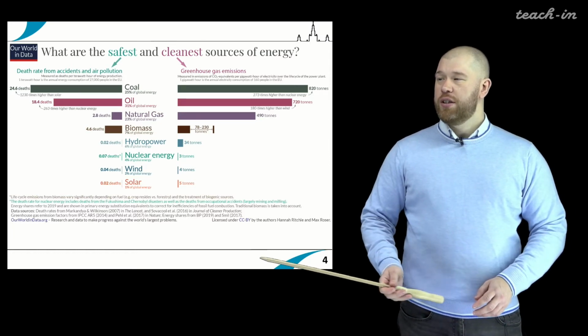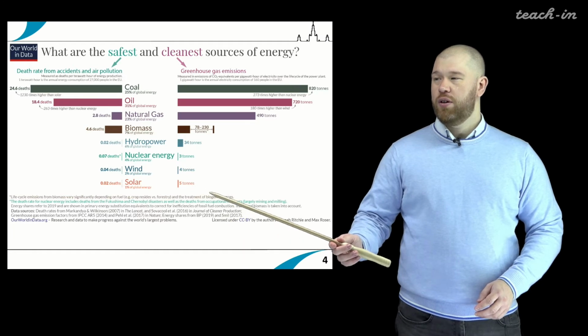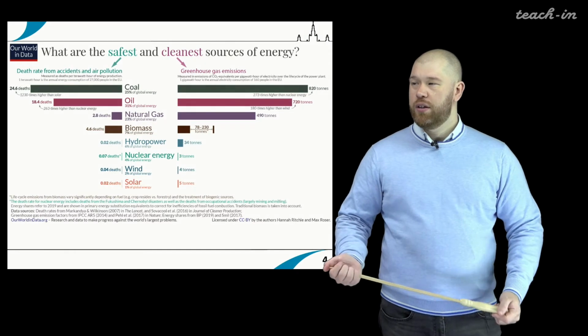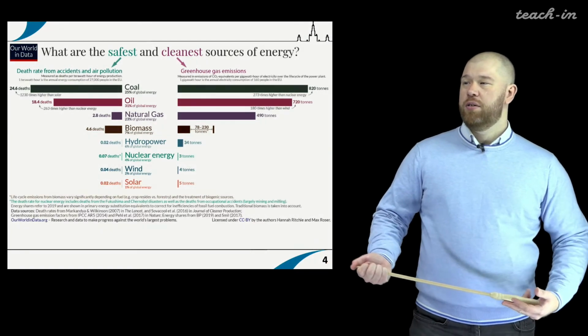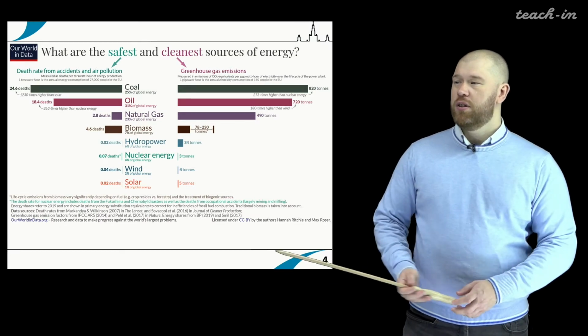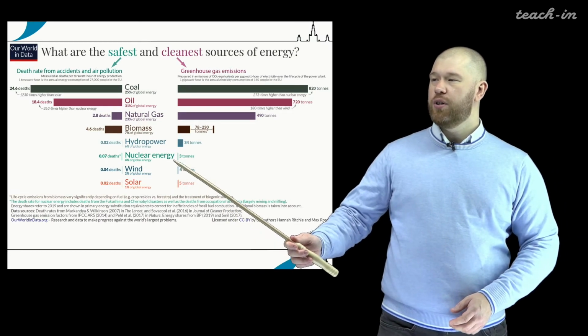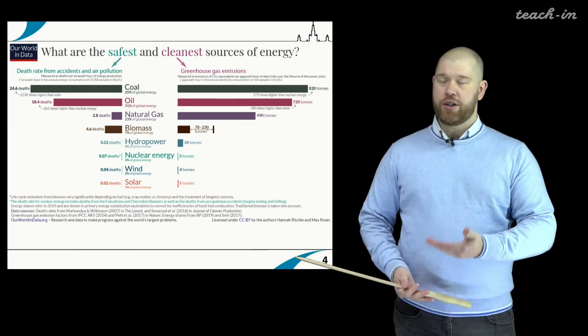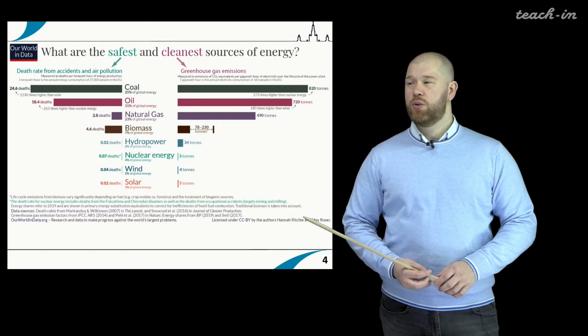And you can see that these four energy sources, solar, wind, nuclear, and hydro power, are the safest and cleanest. Even for nuclear energy, you can see that the death rate during production of electricity is very low.